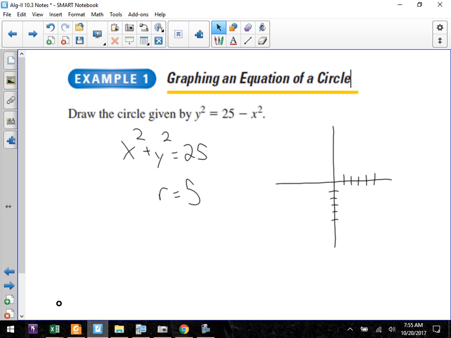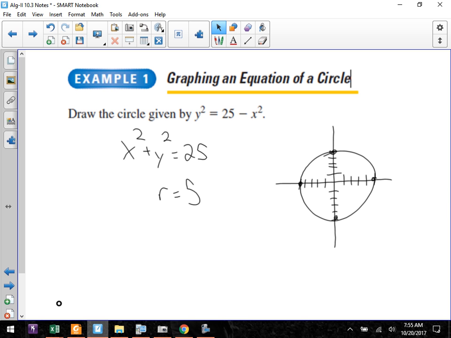Again, when you're graphing circles, it literally is just 4 points. Just try to make a circle.